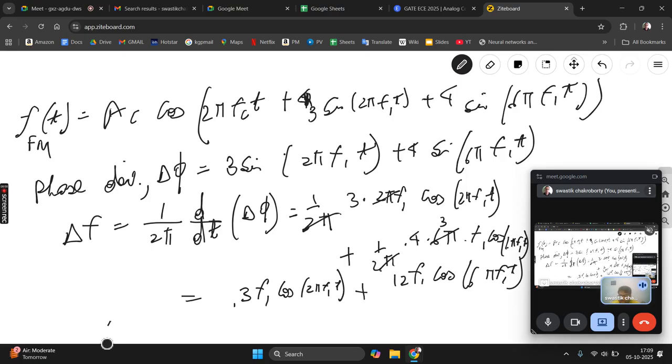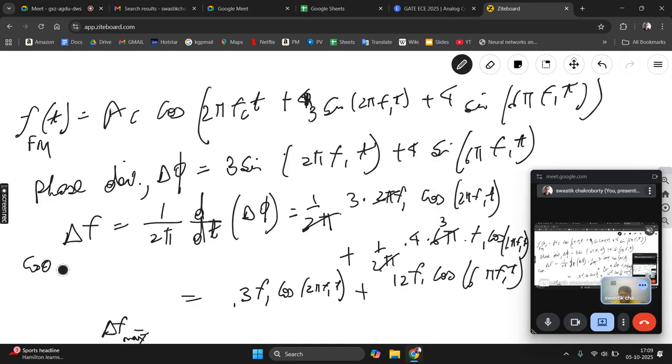So delta f will be, delta f max. Now what will be delta f max? Delta f max will be reached when both of them are 1. When are both of them 1?